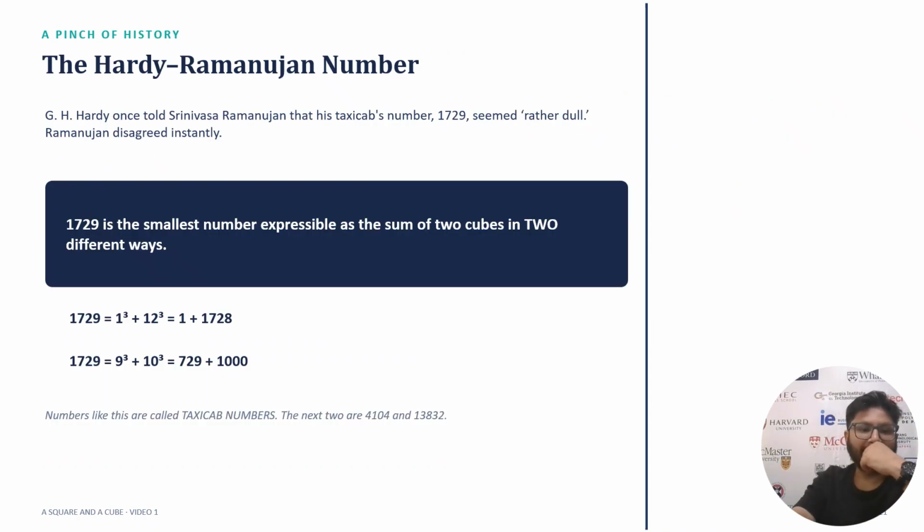And lastly, there is one thing that is called a Hardy-Ramanujan number. So G.H. Hardy once told Ramanujan that his taxi cab number was 1729, and Ramanujan had a thought that it is a great number because this is the smallest number expressible as the sum of two cubes in two ways.